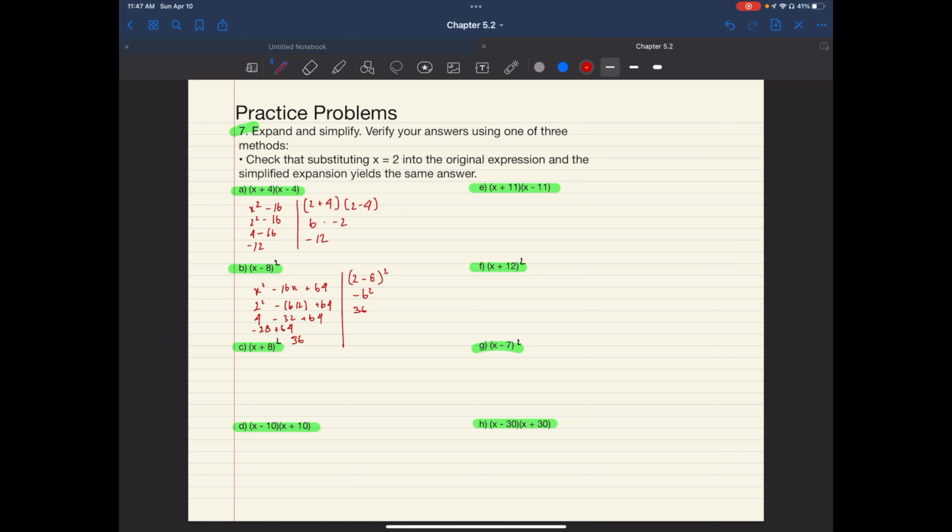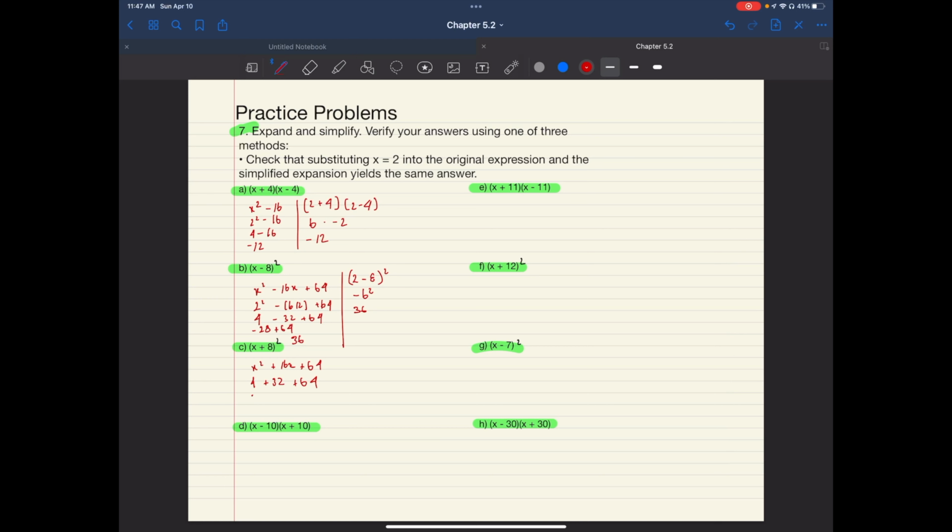Let's do the next one. x squared plus, what's that, 16x plus 64. So we know this is going to be, plugging 2 in, this is going to be 4. This is going to be 32 plus 64.